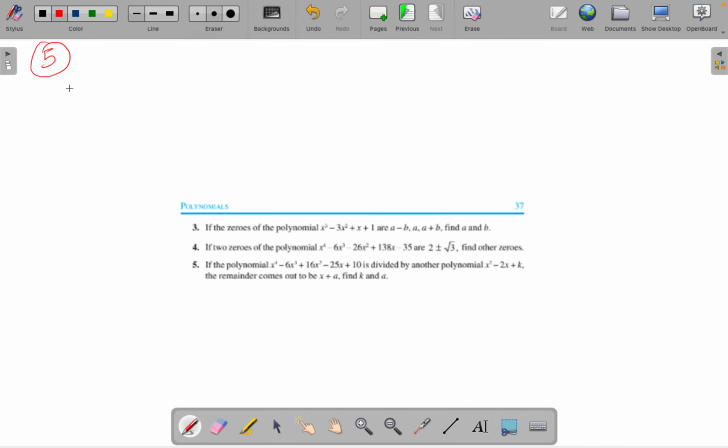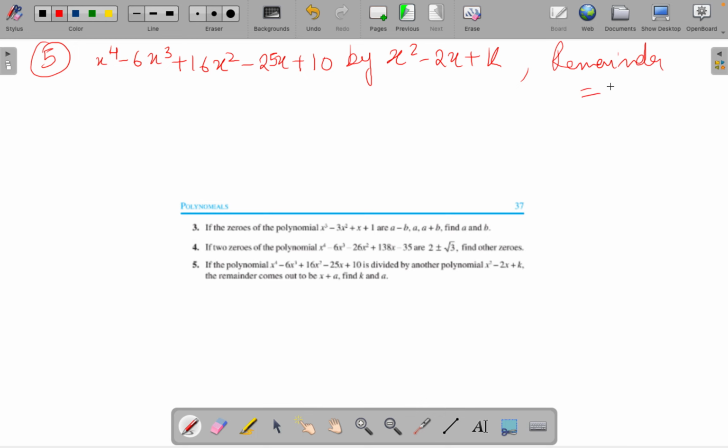The question says, if the polynomial x to the power 4 minus 6x cube plus 16x square minus 25x plus 10 is divided by another polynomial, x square minus 2x plus k, and the remainder comes out to be x plus a, you have to find the value of k and a.